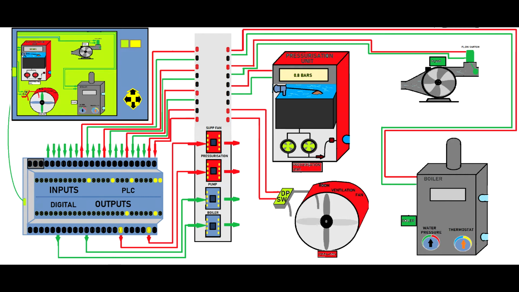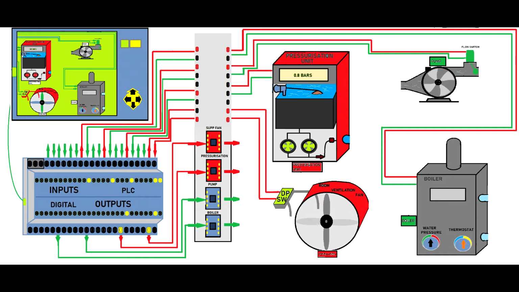The pressurization unit is checking if the pumps are healthy, if the pressure is too high or too low in the system, if the water tank level is too high or too low, and when it decides the entire system is healthy, it will send back an input telling the programmable logic control that it is ready to run. So technically you will see the status if it works or not, but you will not have an alarm that tells you in detail what's wrong.